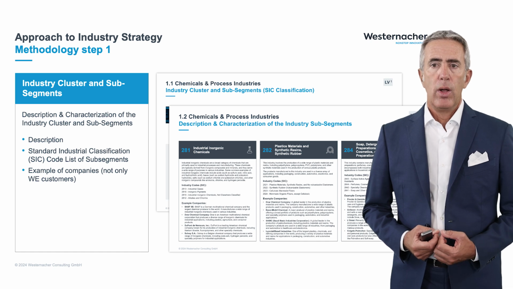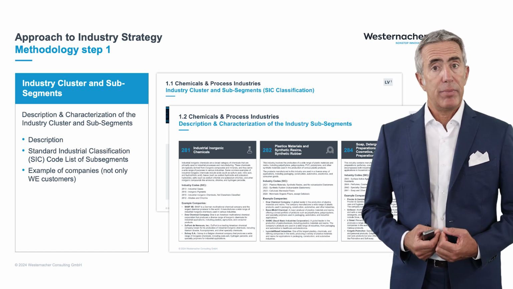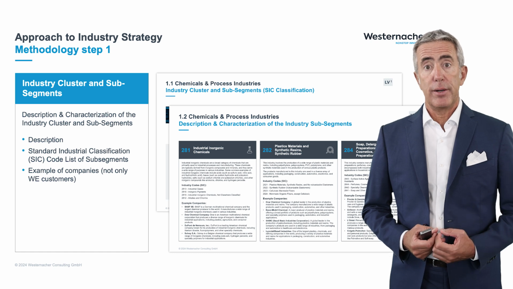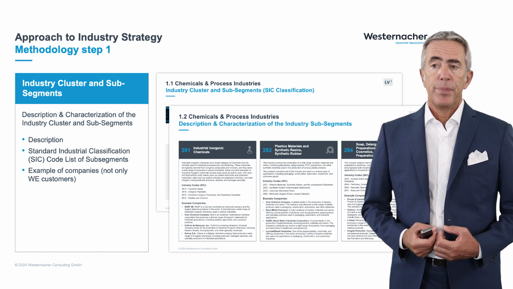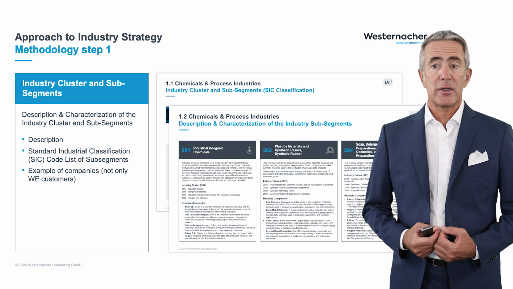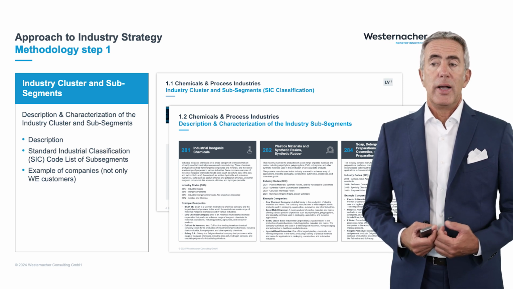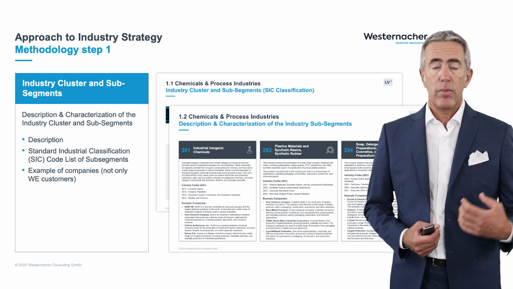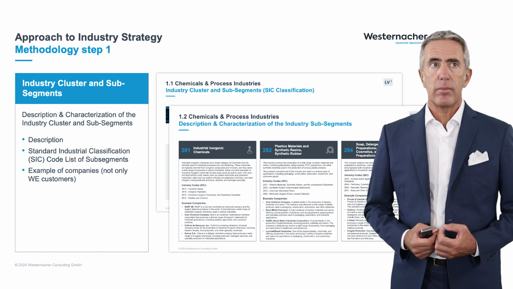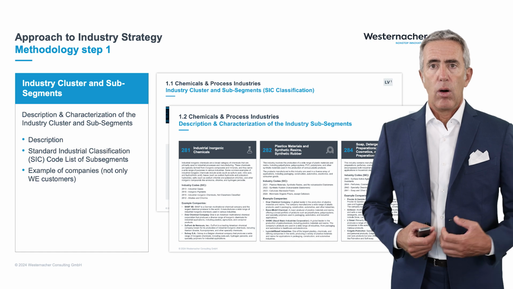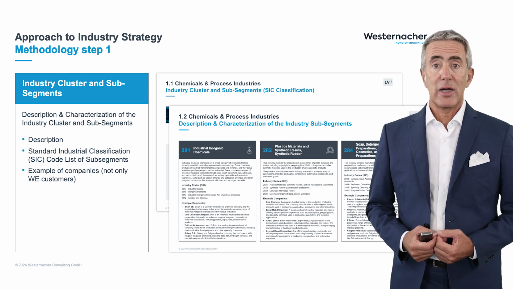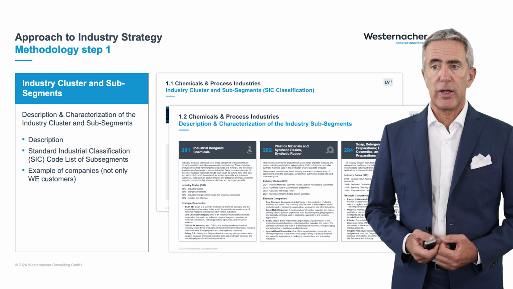Like, for example, the description itself of the business, of the supply chain of the specific industry, the standard industrial classification code, the SIC code, list of subsegments, and some key customer examples of customers belonging to the specific industry.